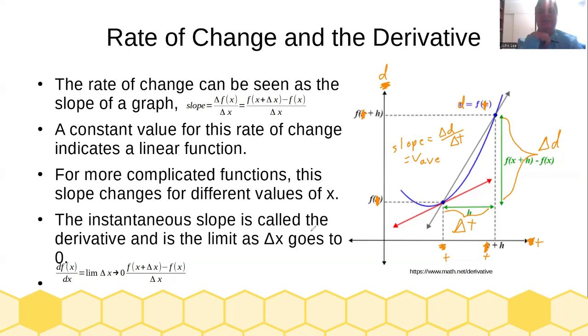If we've decided that the slope of the gray line between these two blue points is the average speed between these 2 points, how do we find the instantaneous speed at any of the points?